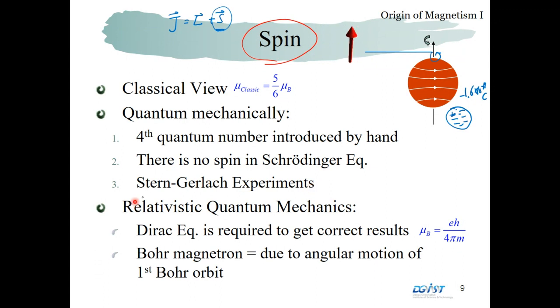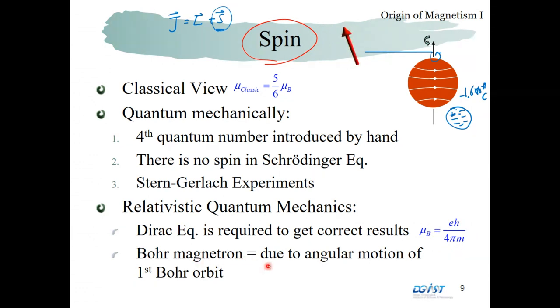In relativistic quantum mechanics, we have to solve the Dirac equation. And when you solve the Dirac equation, you find that we need such a spin quantum number, and quantitatively, the magnitude of the magnetic moment of the spin is exactly the same as this Bohr magneton.